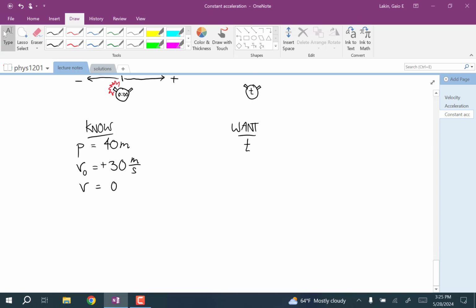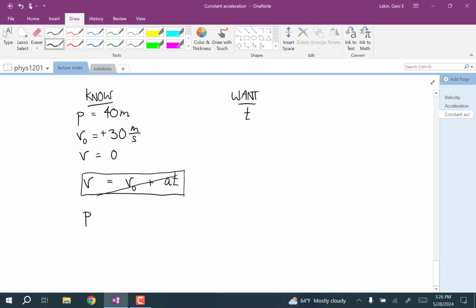Well, let's think of all of these equations one by one. So there's the first one. It has t in it, but it has a in the equation, and we don't know what a is, so that one's not going to work.